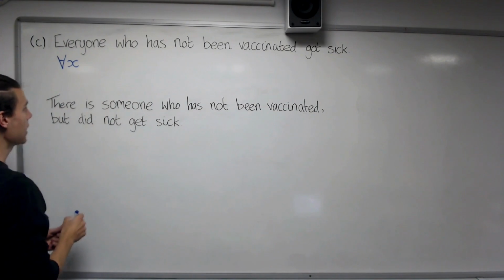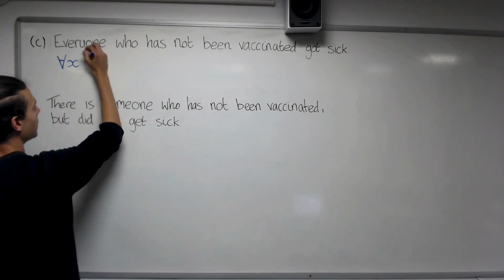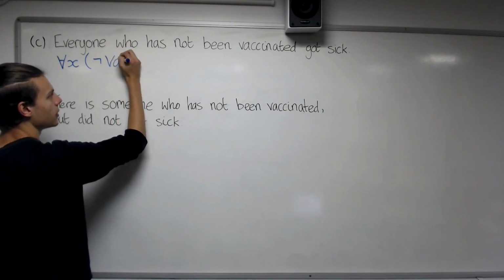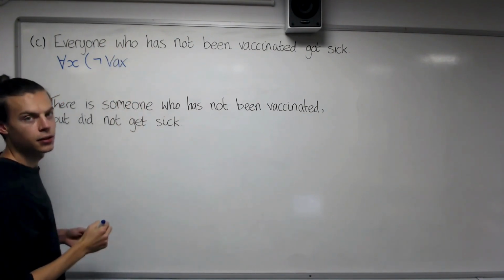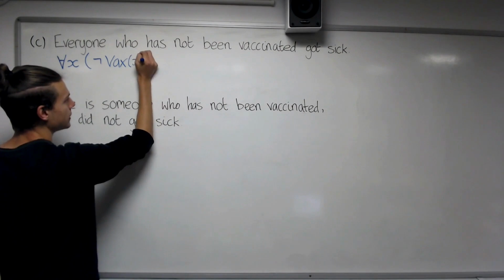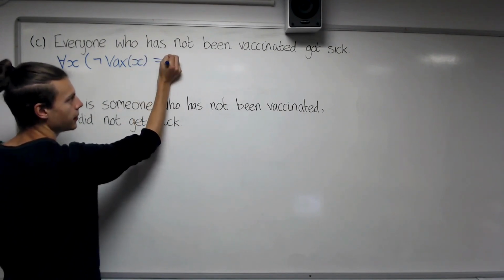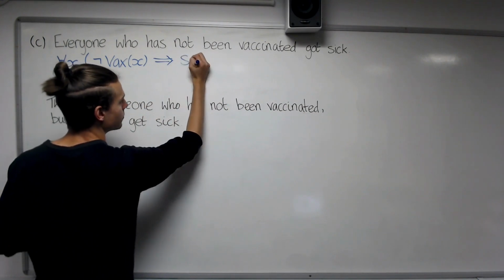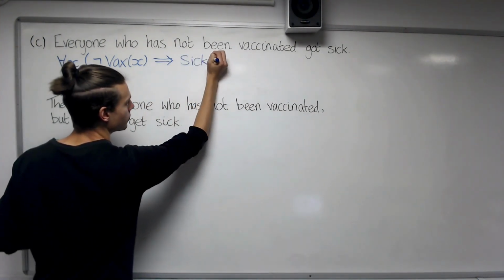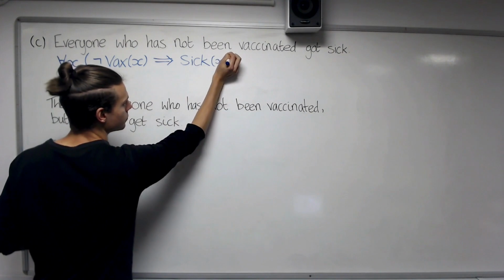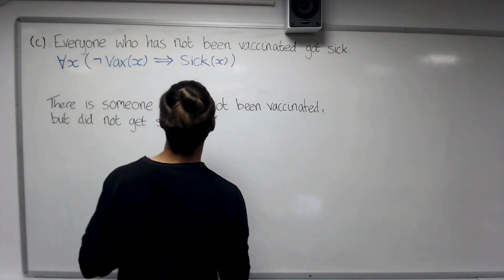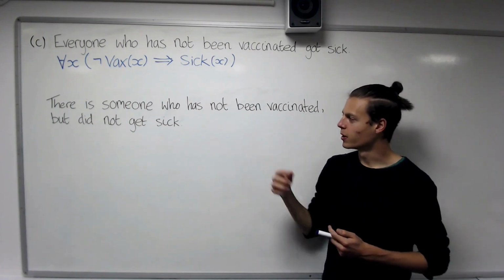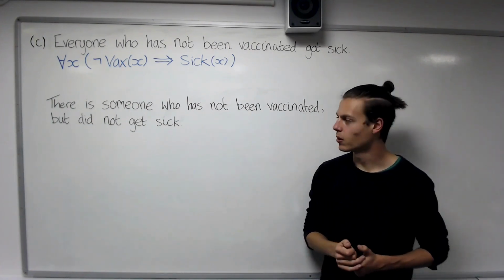So for any person X, if X was not vaccinated, so not vaccinated, then X got sick. And the negation, there is someone who has not been vaccinated but did not get sick.